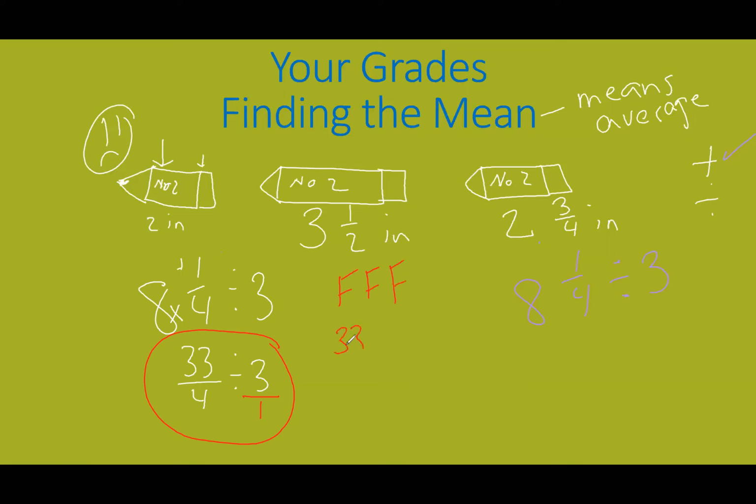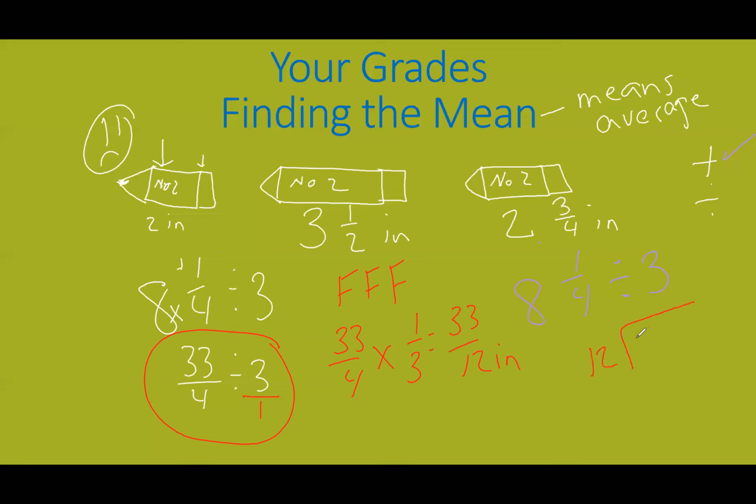And it becomes 33/4 times 1/3. 33/12. Oh my goodness gracious, look at all this math that we're doing. We've got 33/12 inches. And now all we have to do is turn this back into a mixed number so we can find the average. So let's do that.